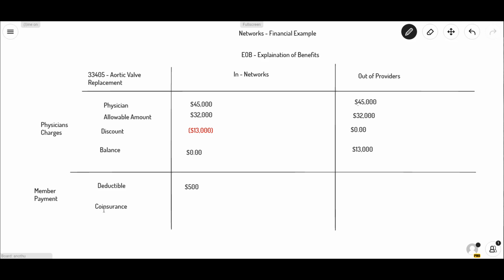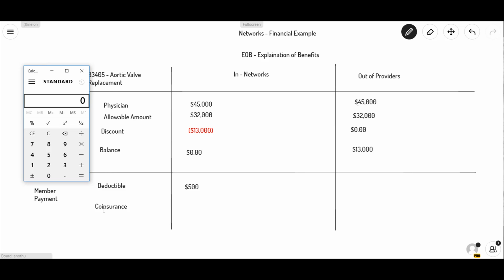To figure out how that works, the physician was only allowed to charge $32,000, and the member has paid $500, so there's $31,500 remaining, and the member has a co-insurance rate of 20%. That comes to $6,300, but in addition, the member has an out-of-pocket maximum.